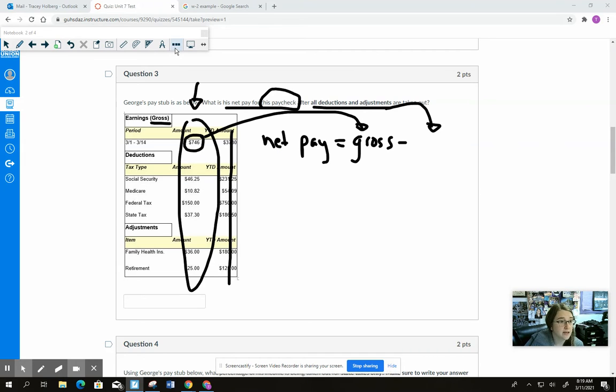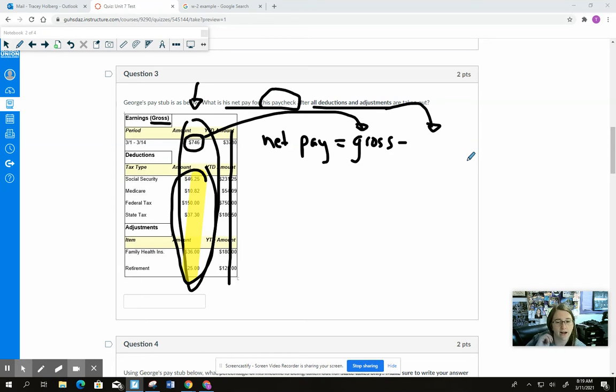This here is all of the stuff coming out of his paycheck. All you had to do, guys, was get the total of this and subtract it. I'm not sure what happened with a couple of you guys there. This was a super easy question, but if you didn't know what to do, you didn't know what to do. So this is the gross pay. All of this stuff is being subtracted from his paycheck. That's all you needed to do to get your answers.